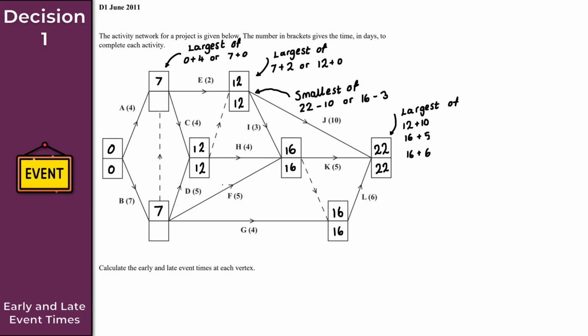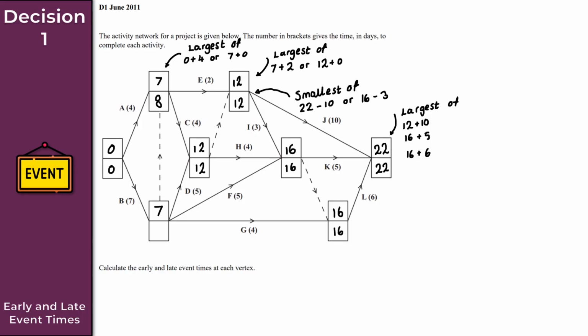Nice and straightforward. What about this late event time here? I've got a choice of 2 again. It's either going to be 12 minus 2, that would give me 10, or 12 minus 4. So the smallest option there is 12 minus 4, right? 8. So I input 8 there as my late event time.